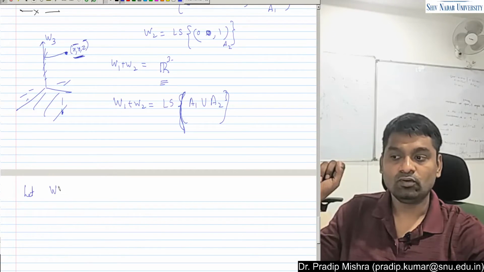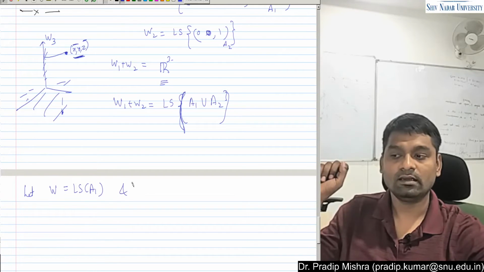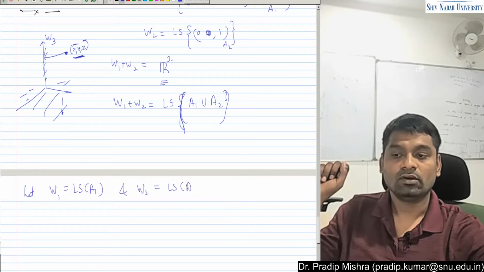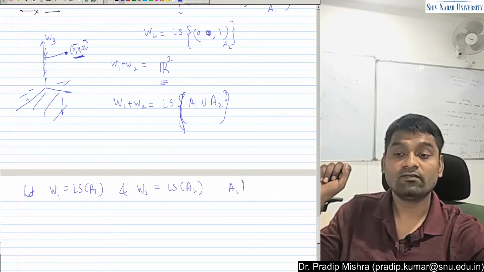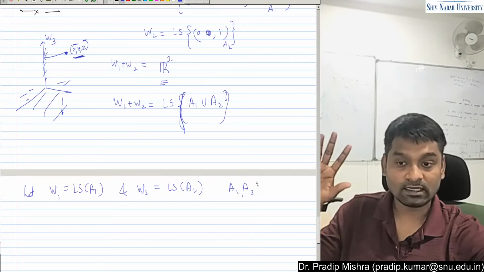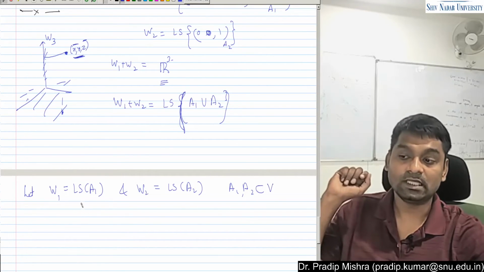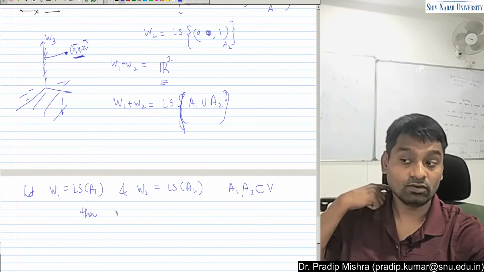Let W1 equal to LS of A1 and W2 equal to LS of A2, where A1 and A2 are subsets of, not R3, any vector space. This result is true in any vector space.